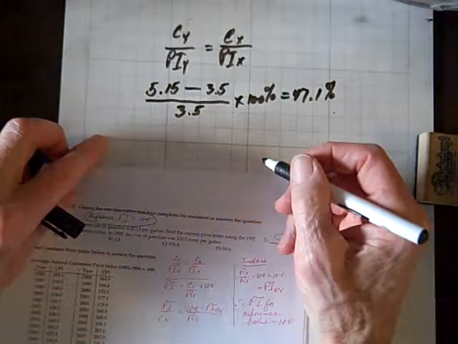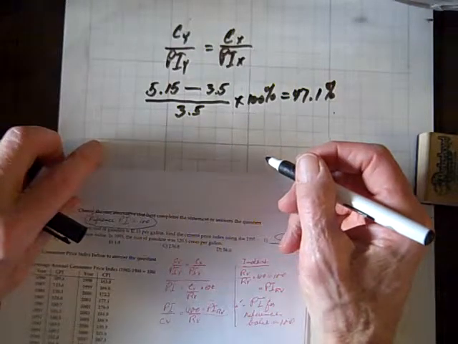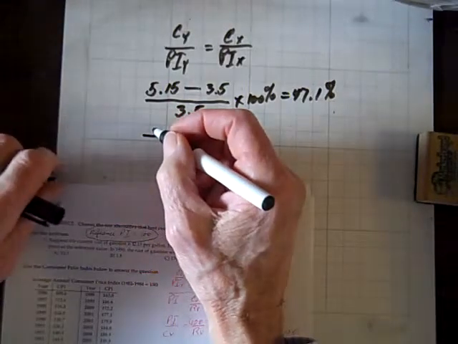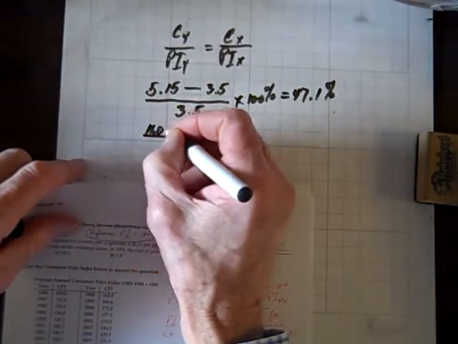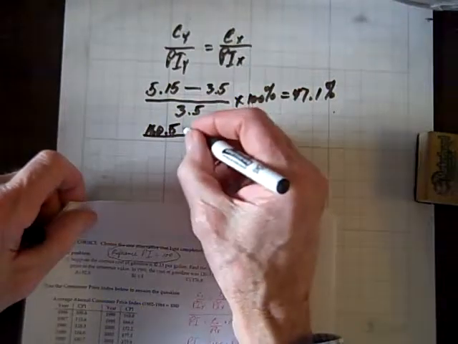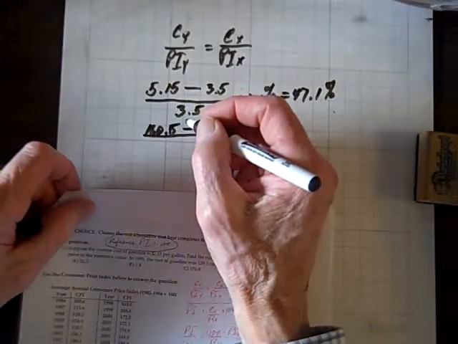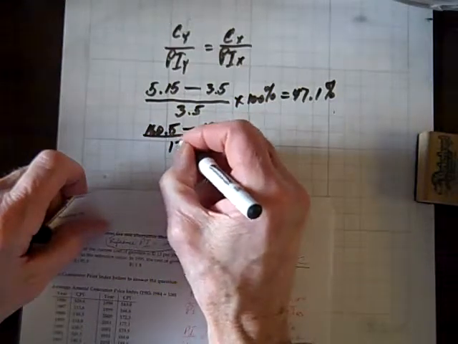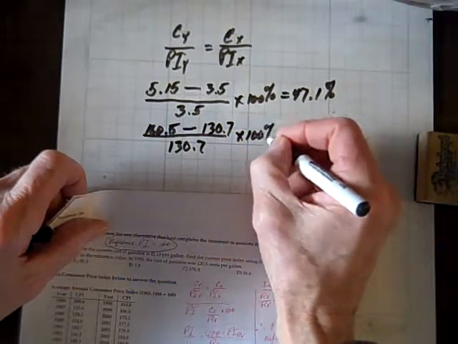Now, it says, how does this compare to the overall rate of inflation as measured by the CPI? So, in 1997, the Consumer Price Index is 160.5, and that's from this chart right here. I just went down to 1997, minus the 1990 Consumer Price Index is 130.7, and we'll divide by 130.7 times 100%.